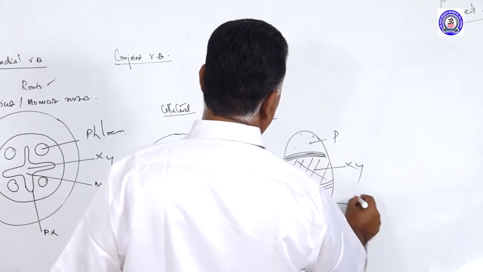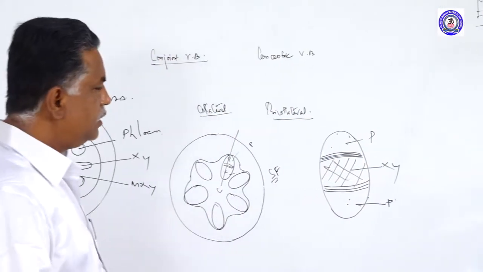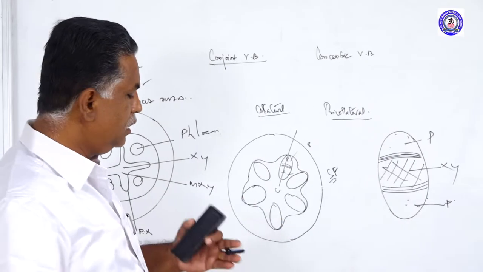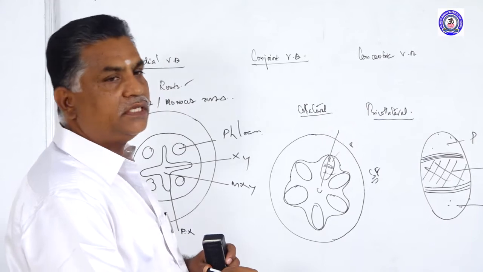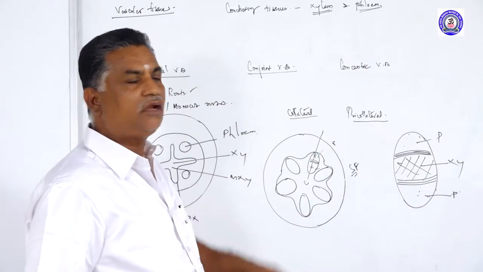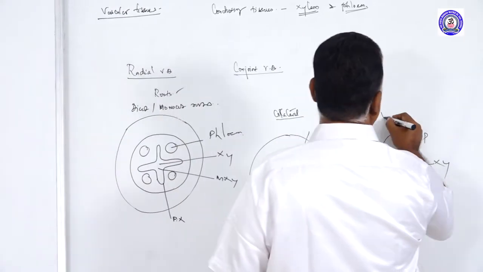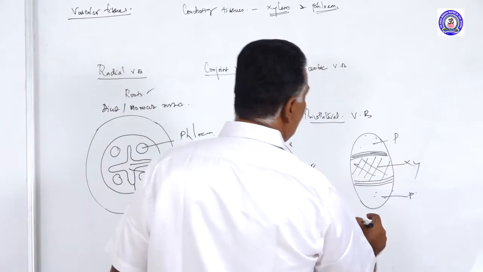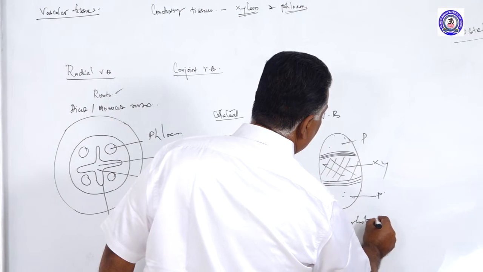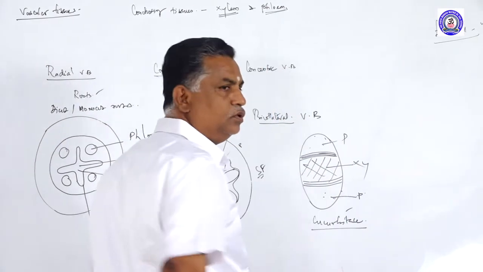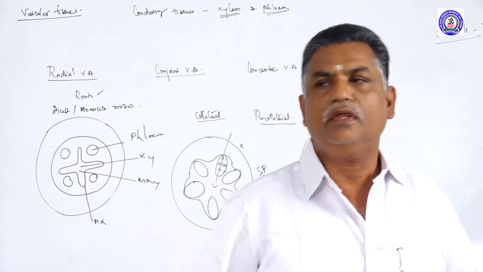So xylem is lying at the center of the vascular bundle, and phloem is found on either side of the xylem. This is called bicollateral vascular bundle. This is found in Cucurbitaceae. You can see that in the book.